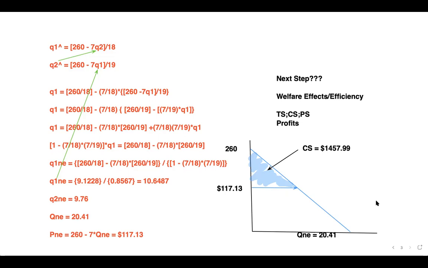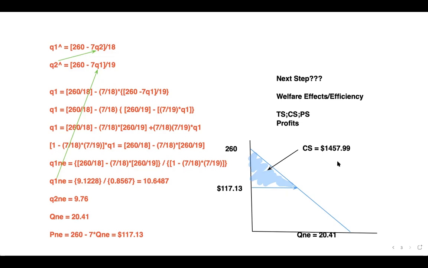And they never finished. So to my knowledge, it's not possible to cleanly demonstrate an area that corresponds to producer surplus in these kinds of situations.